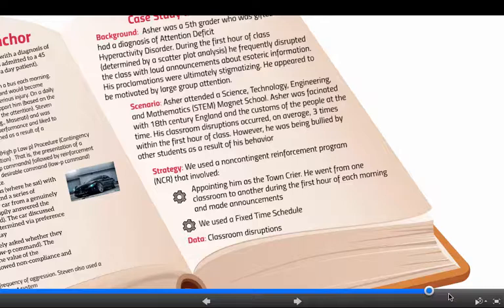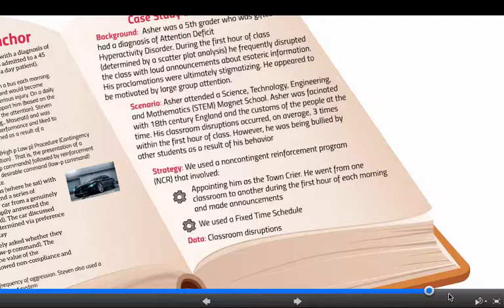So he came in, and independent of anything that he did, that's why it's called non-contingent reinforcement, we just allowed him to go make announcements to the other classes, which he really enjoyed. He very much liked to do. And more importantly, the students in the classes were very receptive of it too, because he was delivering information that they would want to know, early dismissals, special events that were occurring.